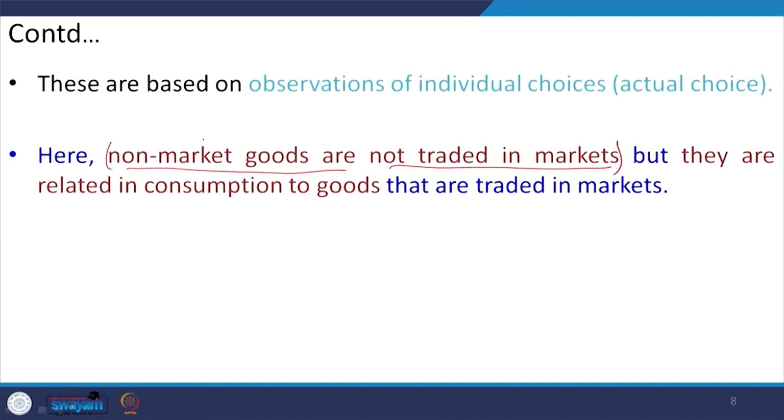That is why we say non-market valuations, but they are related in conjunction to goods that are traded in the markets. That means some attributes of these goods and services are similar. That is why they are related to the goods that are already traded in the markets in the form of different goods.